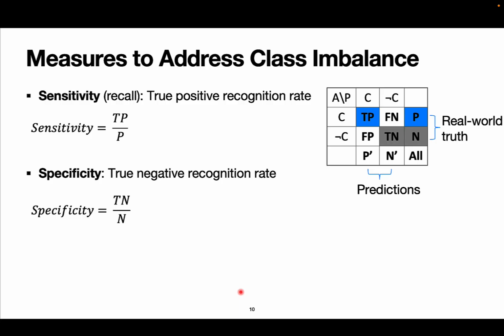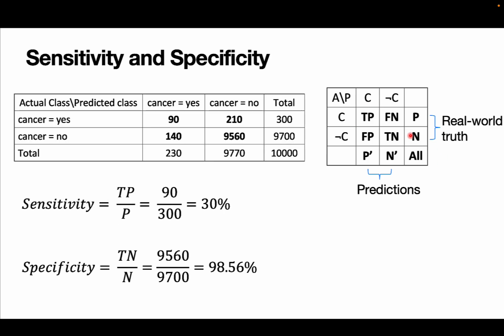To address the issues of class imbalance, we define additional measures. Sensitivity or recall is the true positive recognition rate, so I divide the true positives over all the positives. Similarly, specificity is the true negative rate, which is the true negatives over the total negatives. Here is an enlightening example.